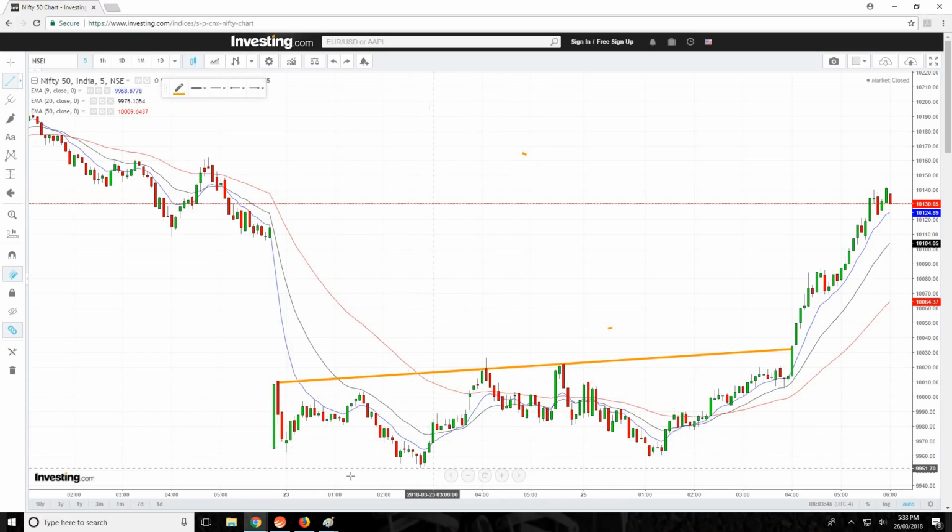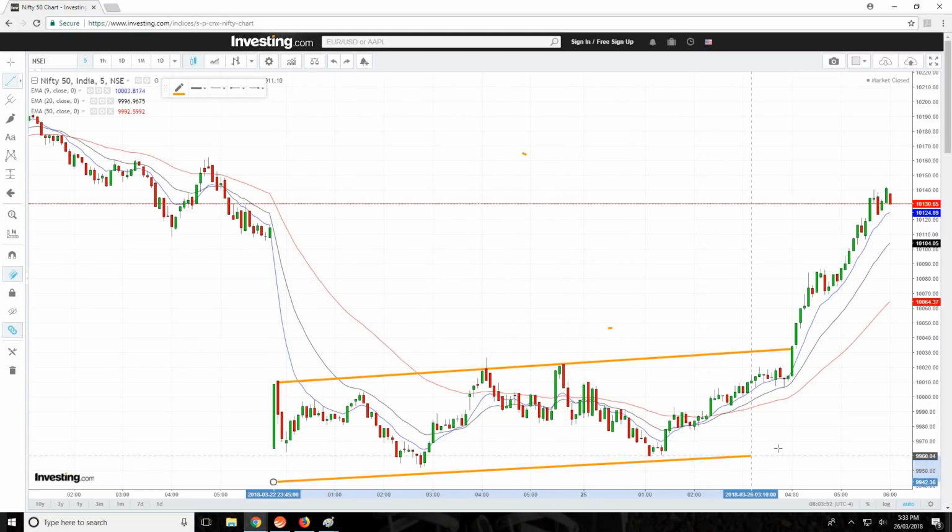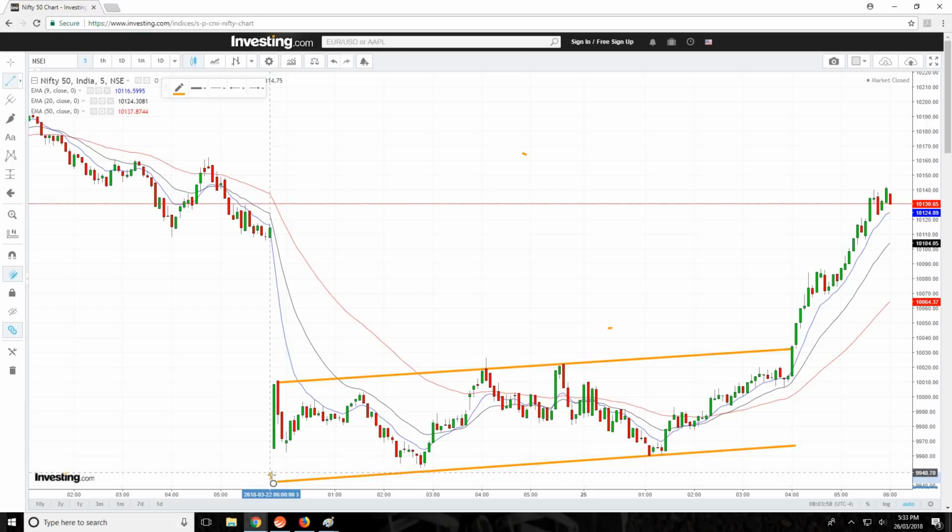So what we can do here is draw a parallel line, connecting this swing low and a parallel line to the trend line above.